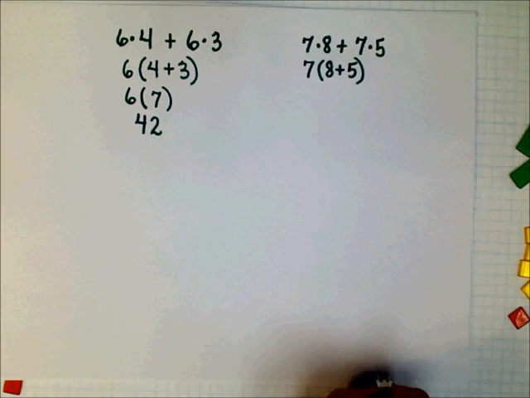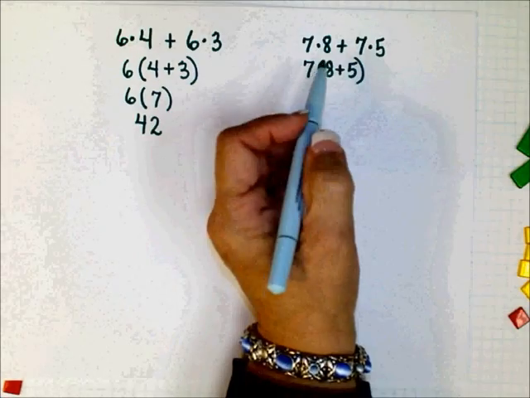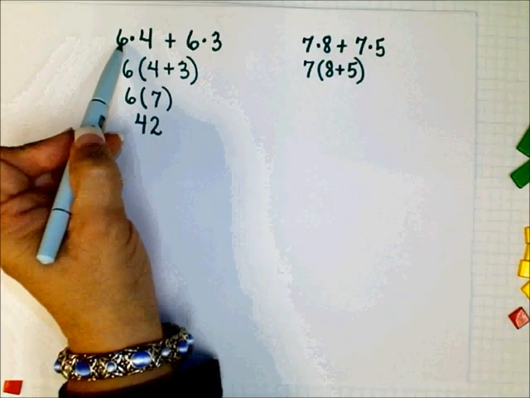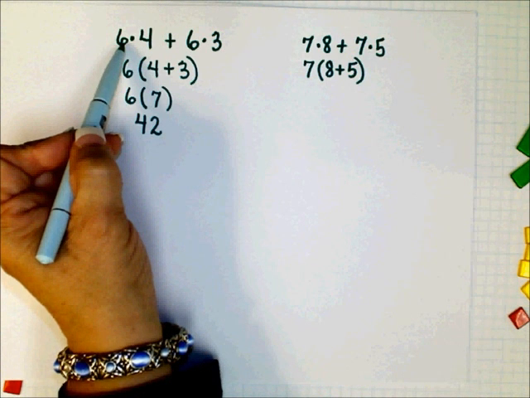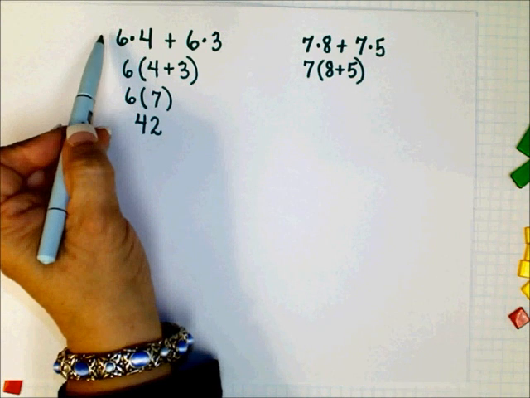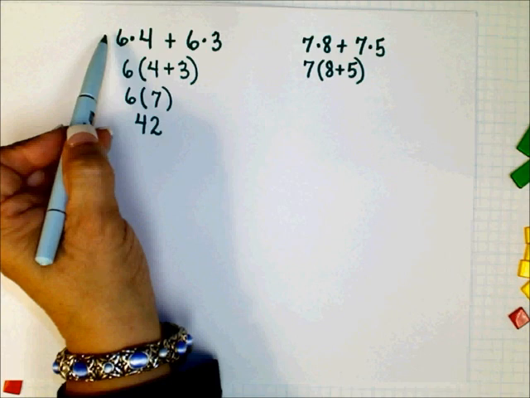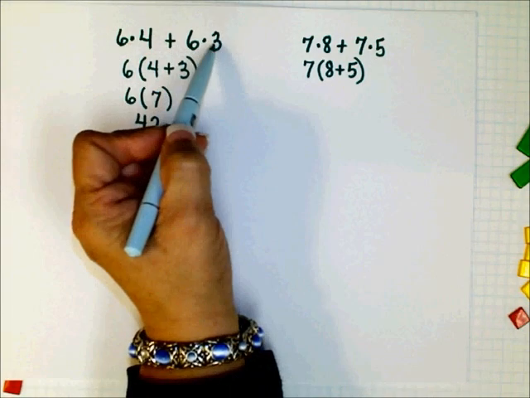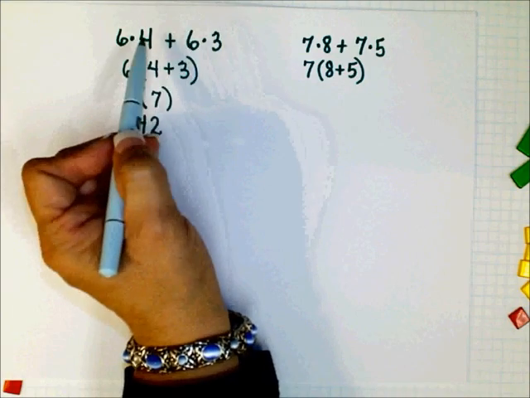Now, I could look at this and say, okay, which is really easier? It depends on what you like to do. For example, over here I could have said, well, using order of operations, with my original expression, 6 times 4 is 24. I could have said 6 times 3 is 18 and added the two together.